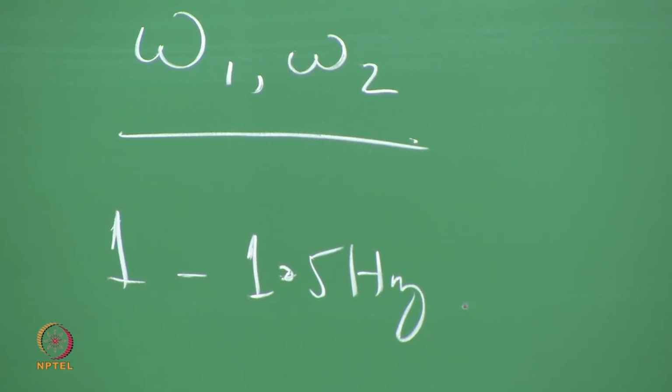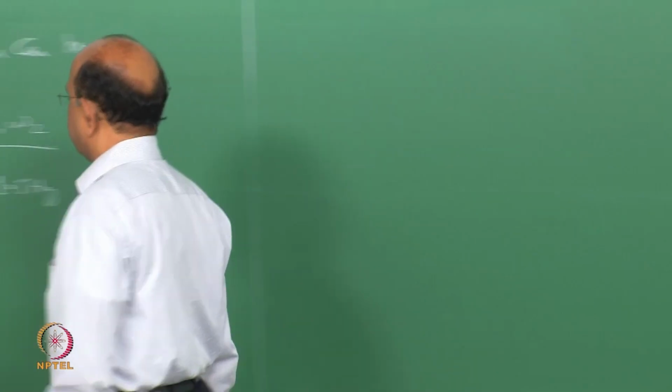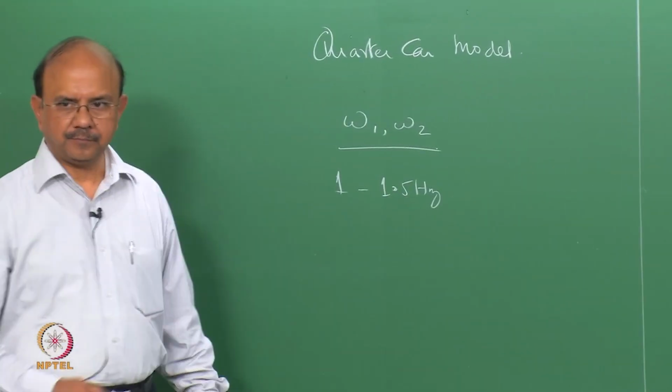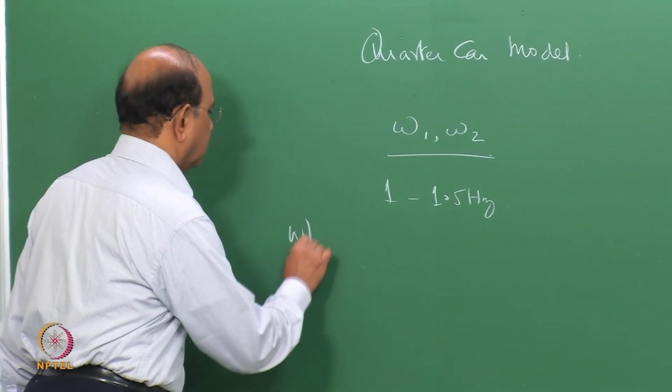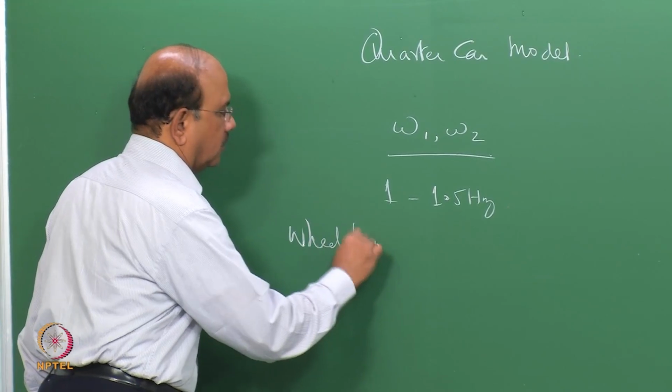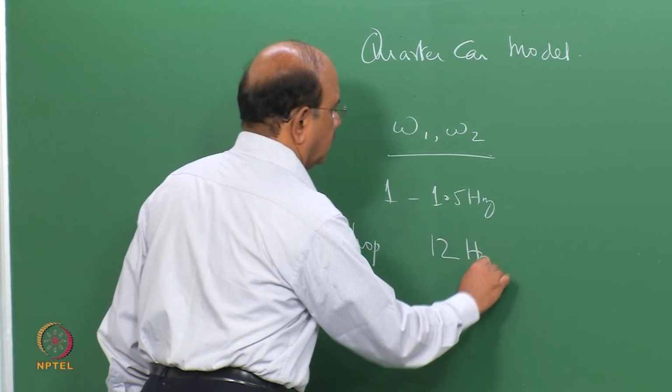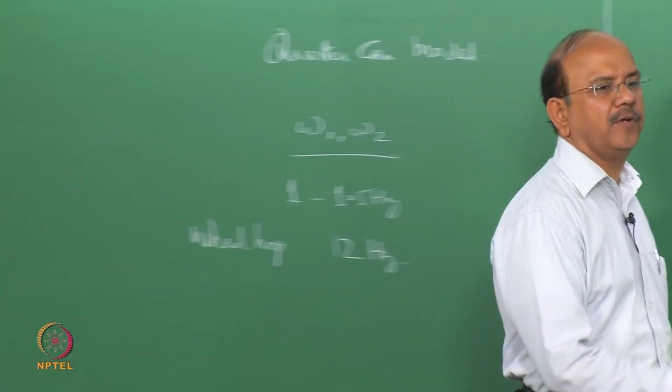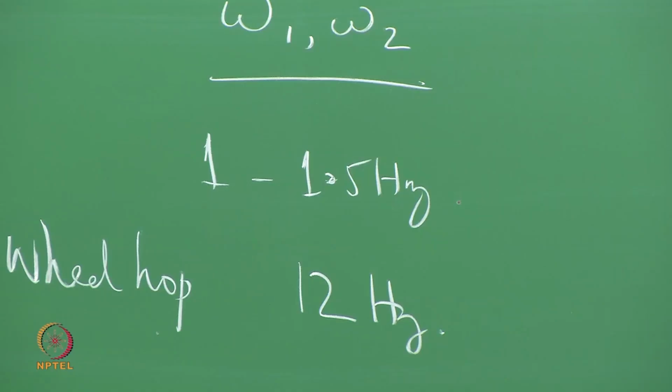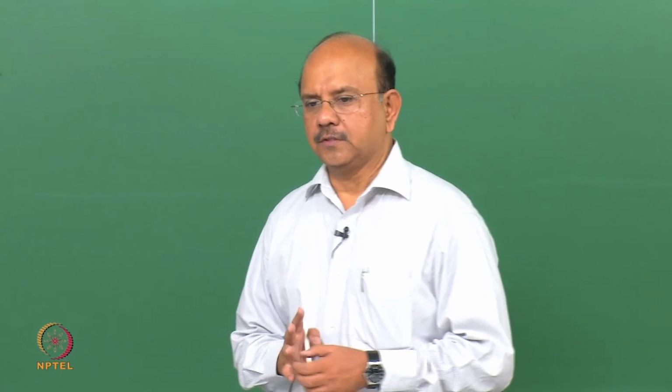The second natural frequency, omega 2, is what is called the wheel hop frequency, closer to around 12 hertz, and may vary between say 11 to 14 and so on. So these are the two natural frequencies.